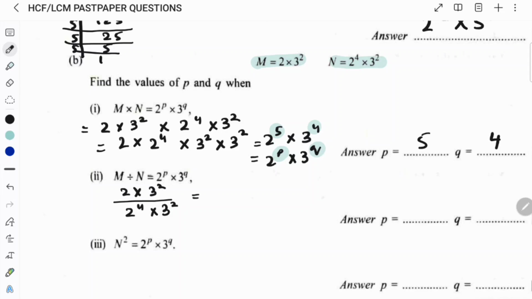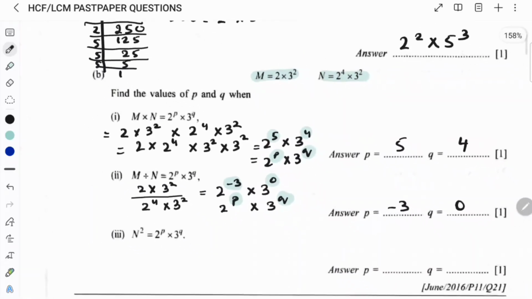We just subtract the powers: 1 minus 4 is minus 3, and 2 square and 2 square get cancelled, but we have to write it as a power of 3, so that becomes 0. So 2 to the power p into 3 to the power q, then p will be equal to minus 3 and q will be equal to 0.